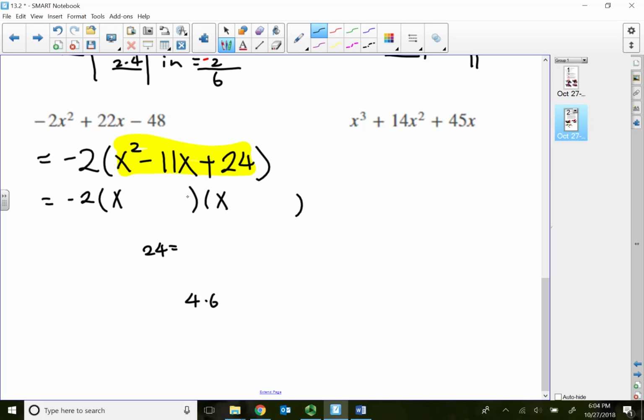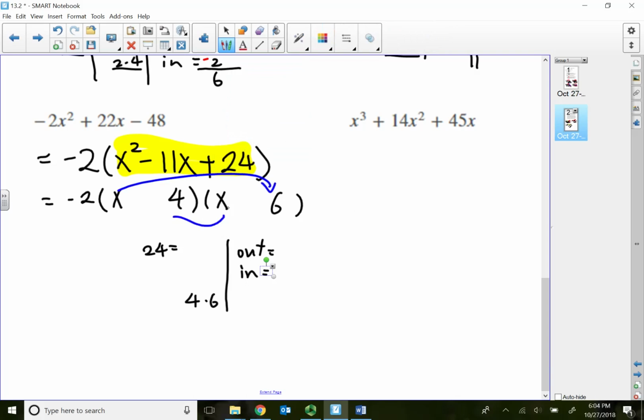If I put 4 here, 6 here, right now my outer is 6, my inner is 4. And 6 and 4 combined will never be 11.